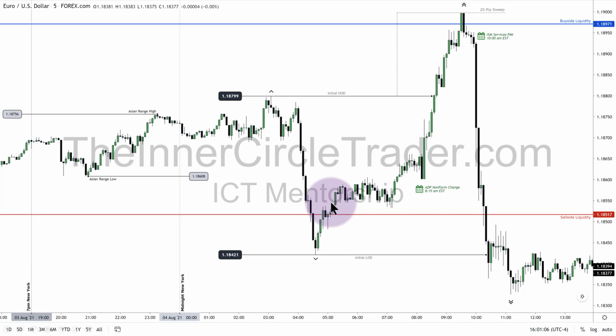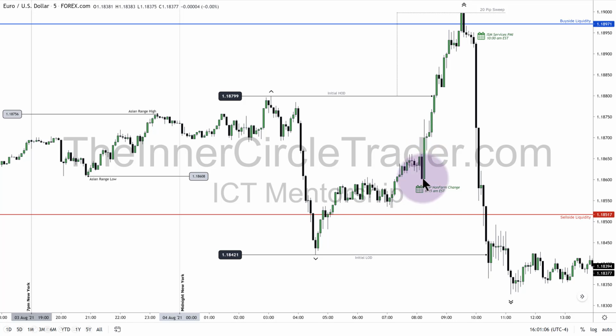It rallied off of that through London lunch. It was quiet, and then right on schedule, 7 a.m. New York open kill zone, it reprices higher, sweeps down into a fair value gap, and reprices on the ADP non-farm change that came out at 8:15 a.m. Eastern Standard Time.